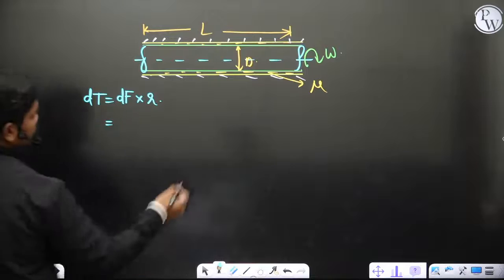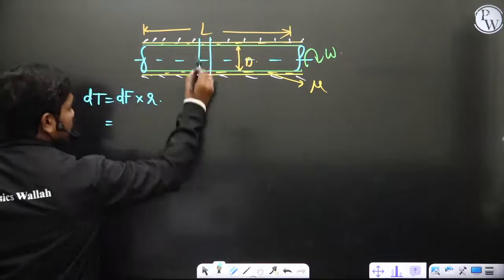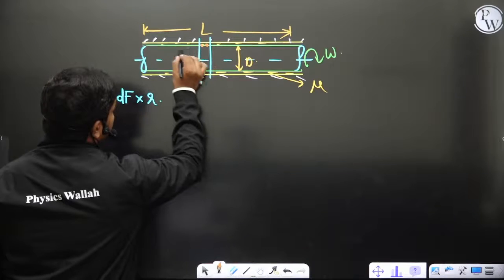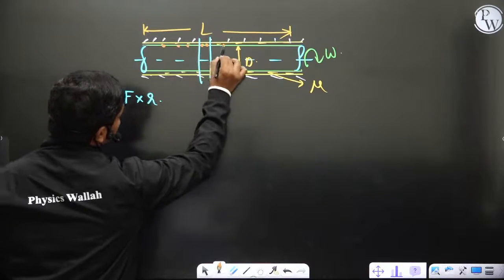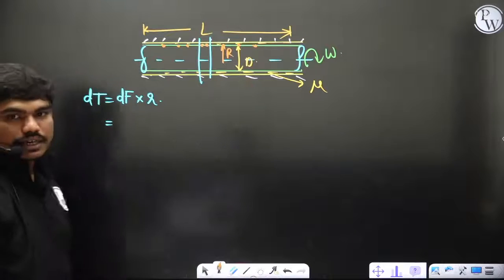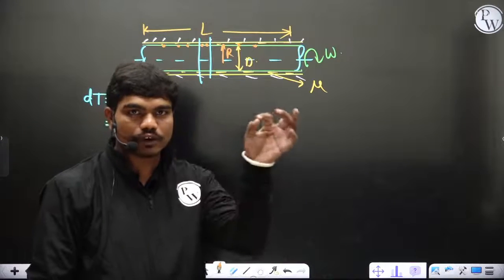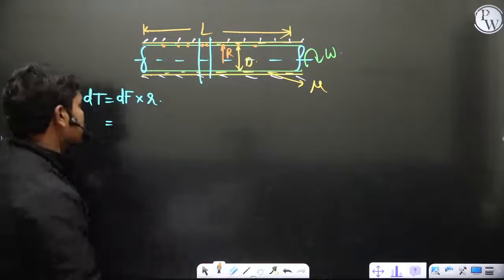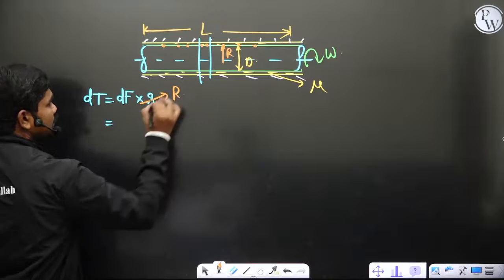Now clearly if you take any section, you can see these are the points of solid fluid contact, and at any location these solid fluid contact points are clearly at a radius R from this axis of rotation. Correct? The radius of fluid solid contact points from this axis of rotation is capital R at any location. So this is a fixed R. What is dF?